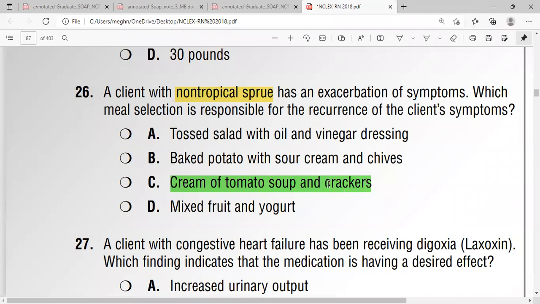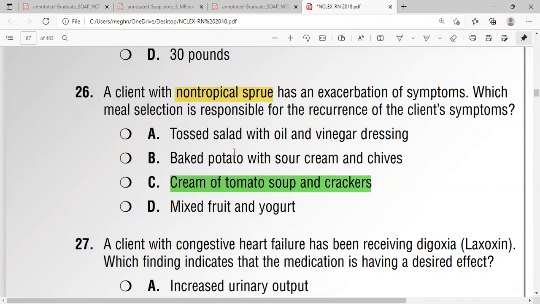So you see crackers. Cream soup, whatever the tomato, does not matter. Crackers, as well as some cold cuts, contain gluten.